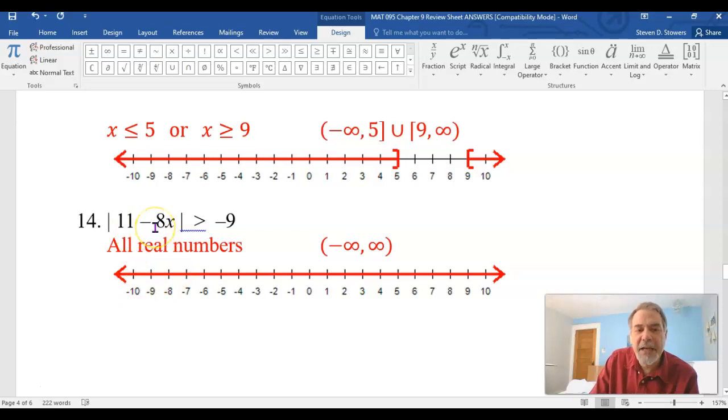If 11 minus 8x was positive to begin with, the absolute value is positive, so it's greater than -9. If 11 minus 8x was negative, the absolute value is positive, so that makes it greater than -9. Worst case scenario is if 11 minus 8x comes out 0, then the absolute value would be 0, but that's still greater than -9. So x can be anything, and this will always be true. The solution set is all real numbers.